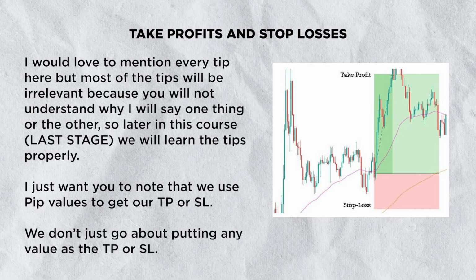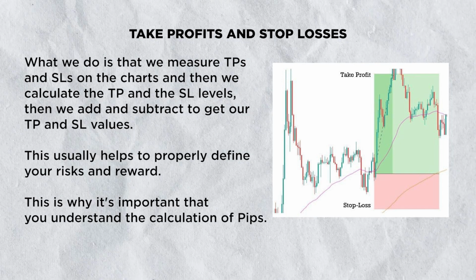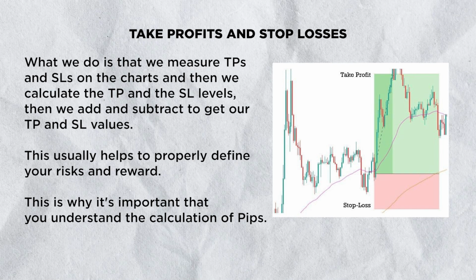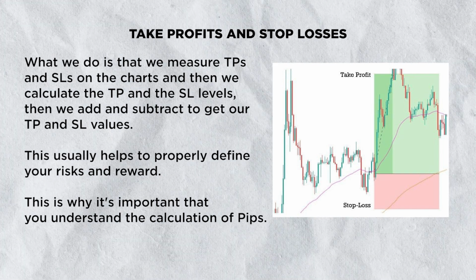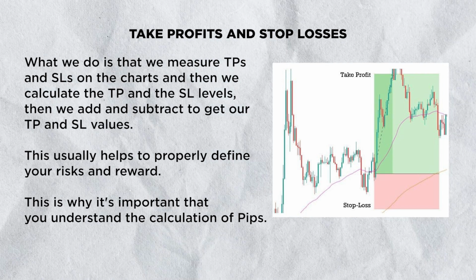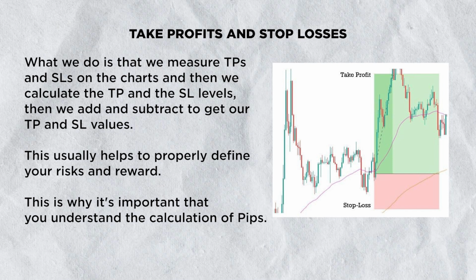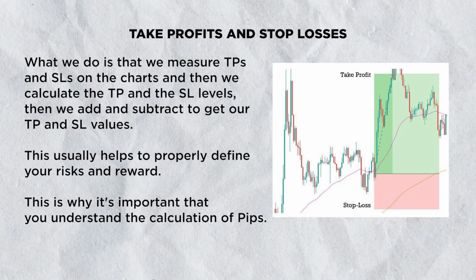We don't just go about putting any value as the TP or SL. What we do is that we measure TPs and SLs on the charts, and then we calculate the TP and the SL levels. Then we add and subtract to get our TP and SL values. This usually helps to properly define your risks and reward. This is why it's important that you understand the calculation of pips.